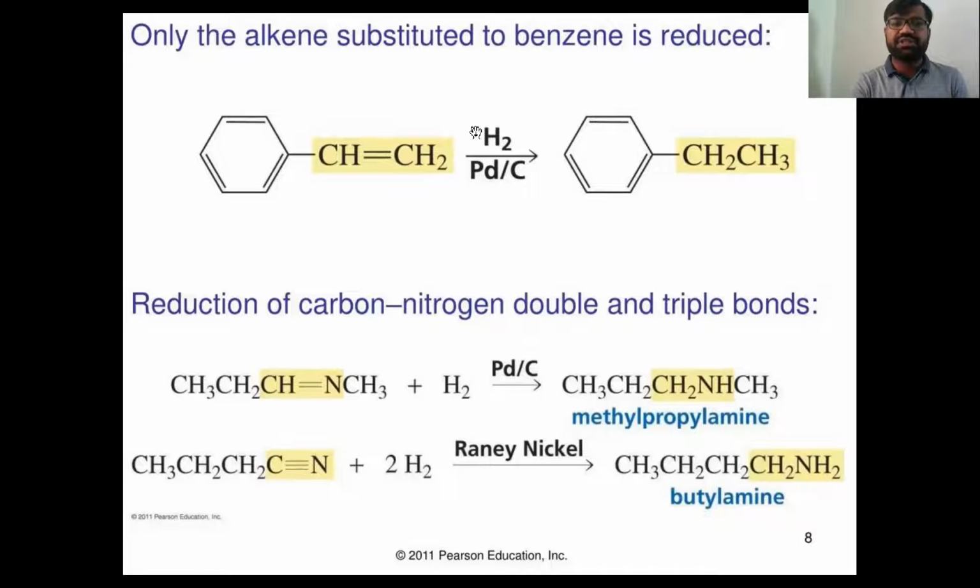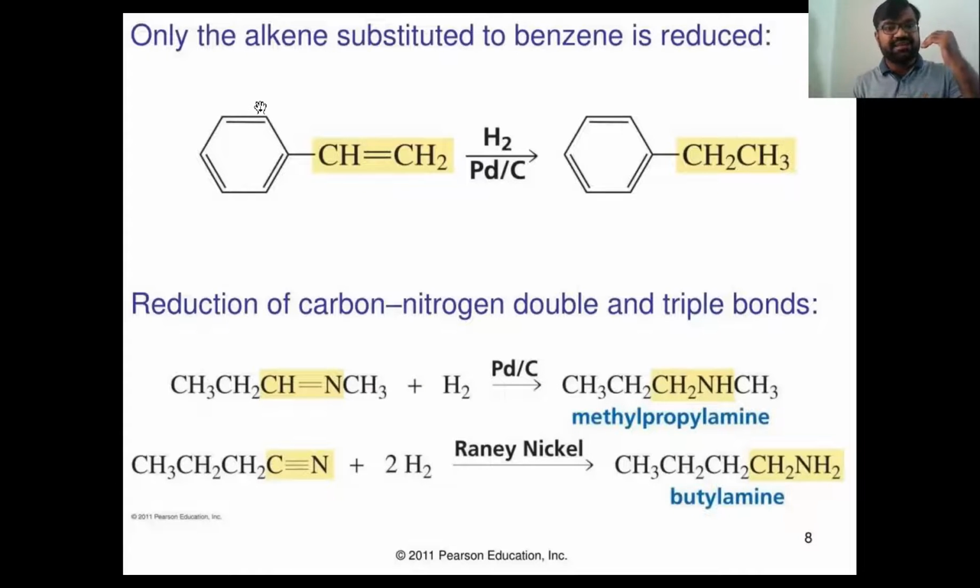If we have hydrogen and palladium charcoal, this will reduce only the carbon-carbon double bond present outside of the ring, but inside the ring there will be no change, because this benzene ring is stable enough to resist the reduction.